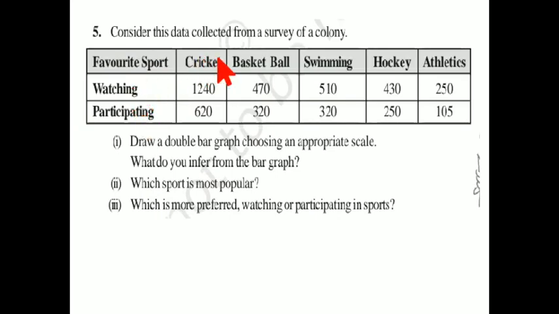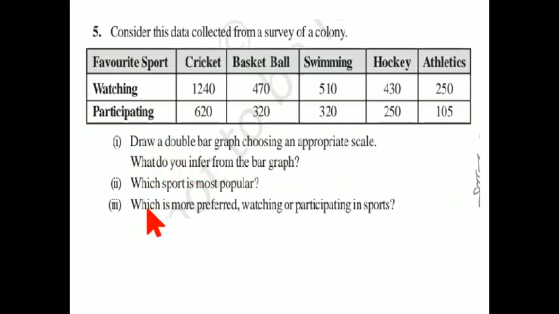The favorite sports mentioned are cricket, basketball, swimming, hockey, and athletics, and how many of them like watching, that is this many people, and how many are interested in participating, are in this number.